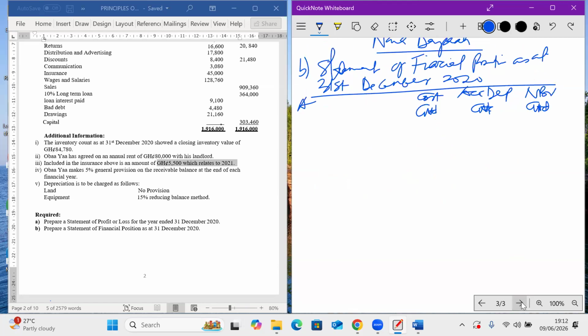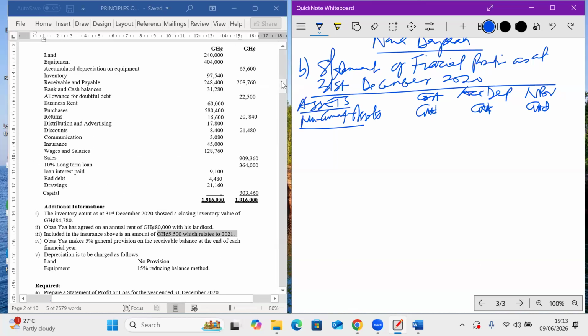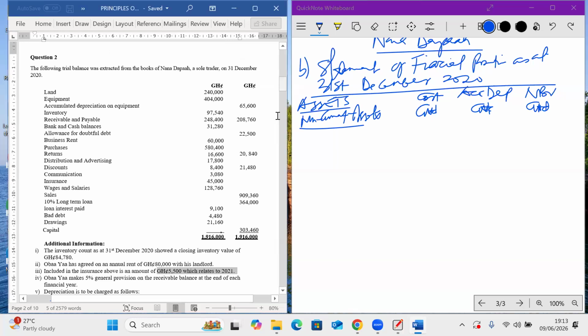So for assets here, I'll find non-current assets. Are you good? Yes, sir. Then for the non-current assets, I'll go to the question and search for them. We have land. We have equipment.